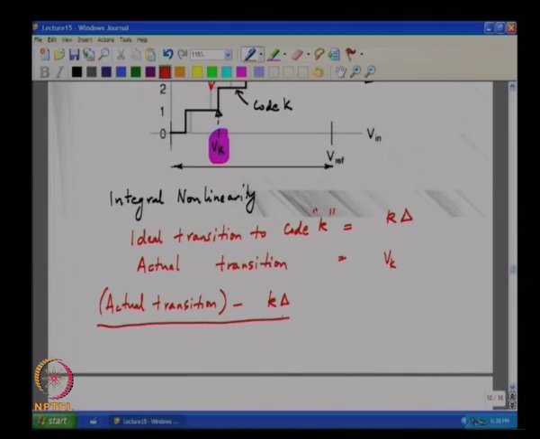This actual transition minus k times delta, which is the ideal transition, is telling you how much that curve deviates from the ideal straight line, you understand. And again the dimensions of this are volts, right, and again it does not make sense to talk about volts, so you basically normalize this to the step size, and again this gives you what is called the integral nonlinearity.